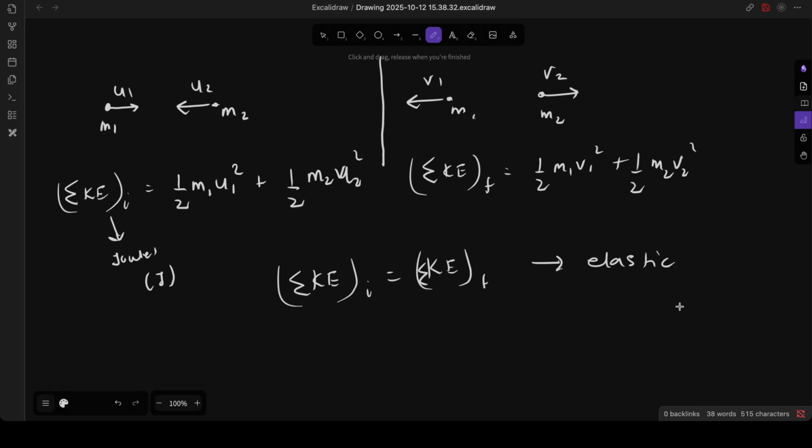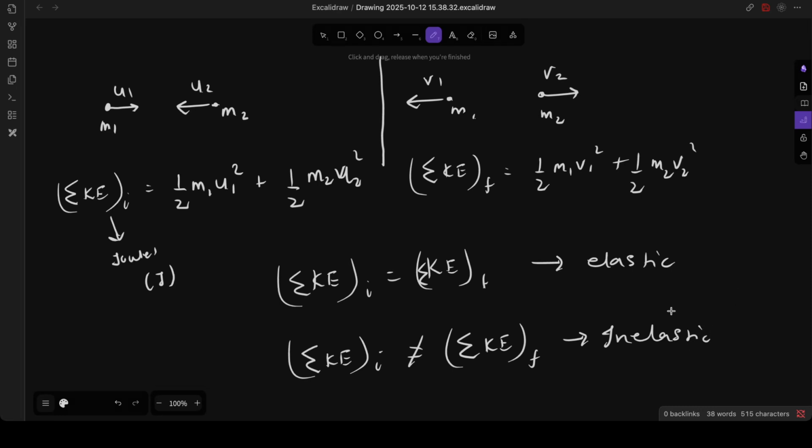As simple as that. And if this initial kinetic energy of a system is not equal to the kinetic energy after the collision of the system, it is inelastic.